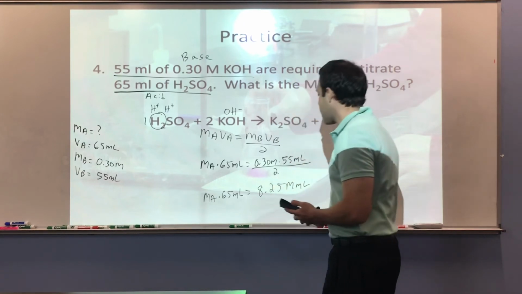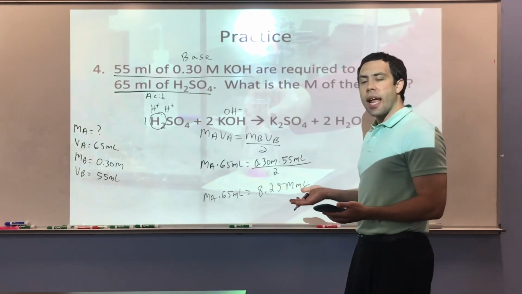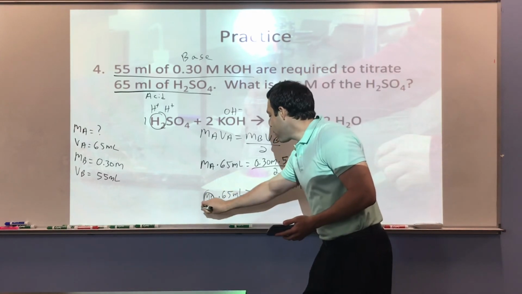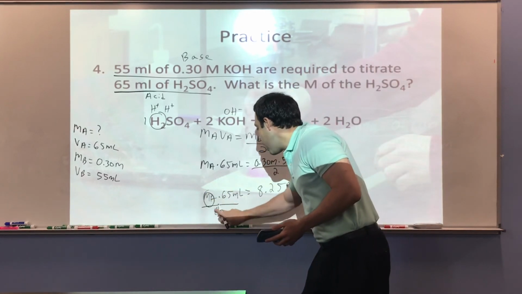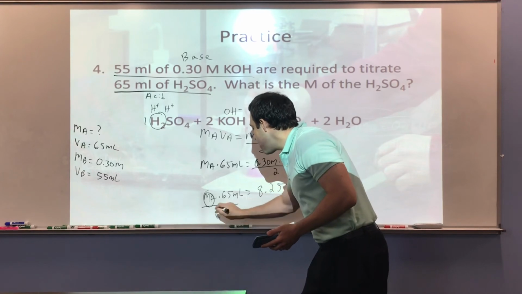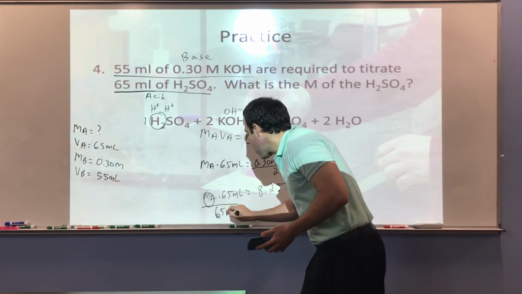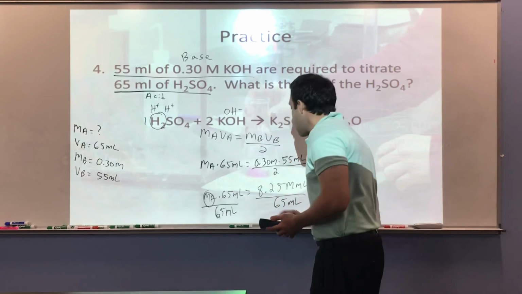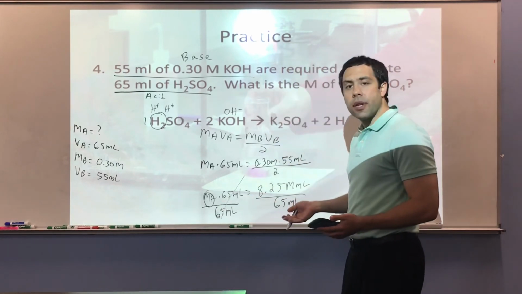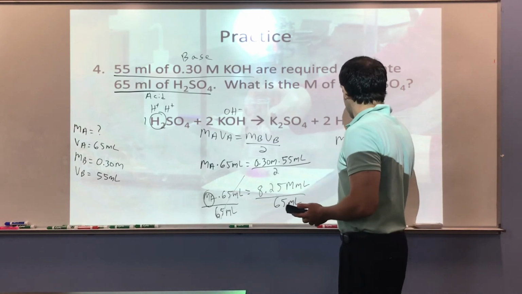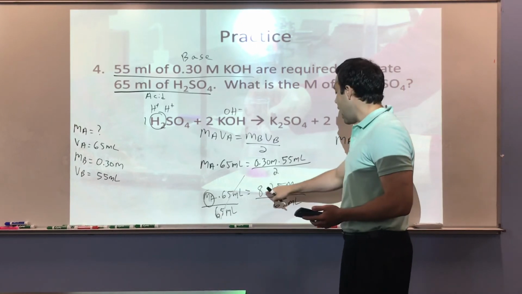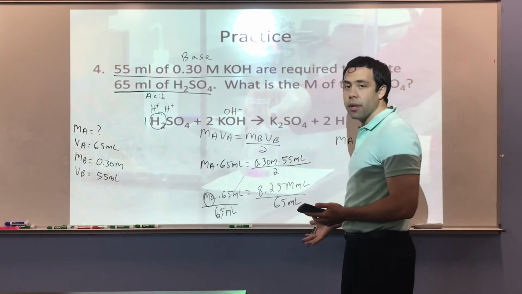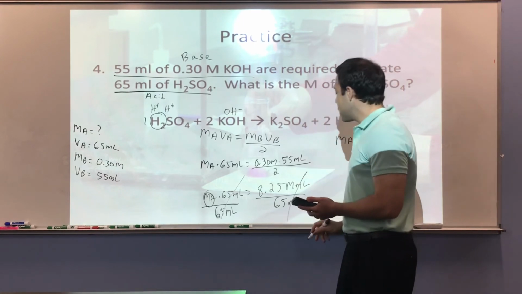And it's just like any of the other equations that we've done. We want to get MA by itself, so we divide both sides by 65 milliliters. The 65 milliliters cancels out, so I'm left with MA is equal to 8.25 molar times milliliters over 65 milliliters, which means the milliliters and milliliters cancel out.